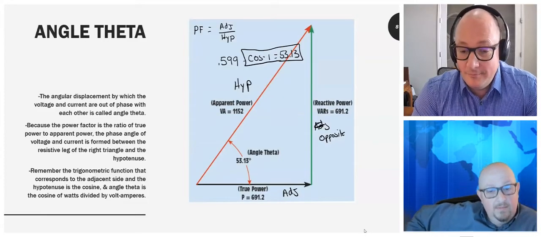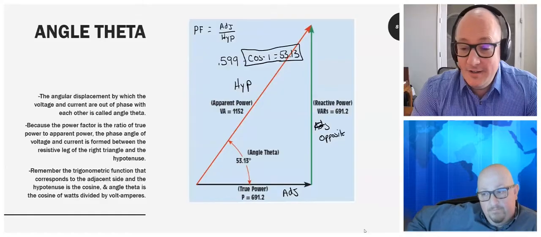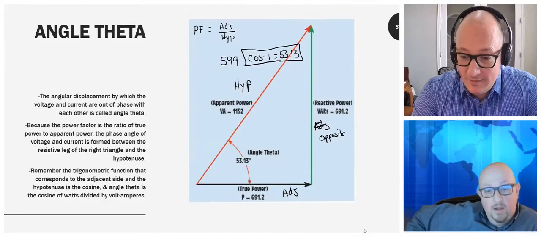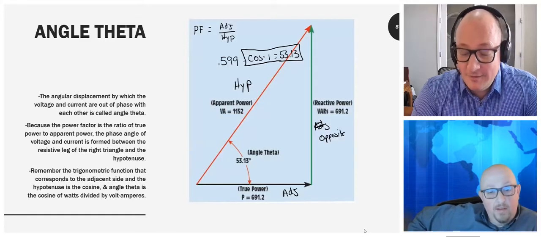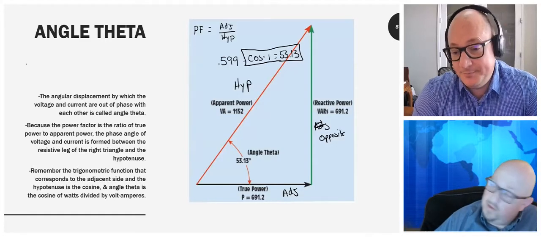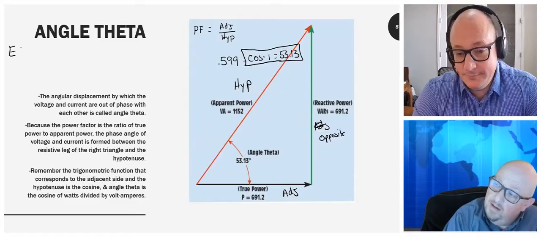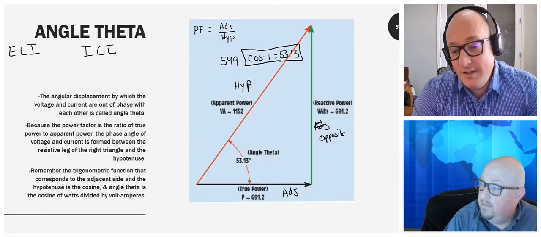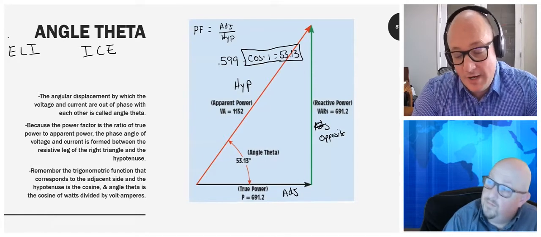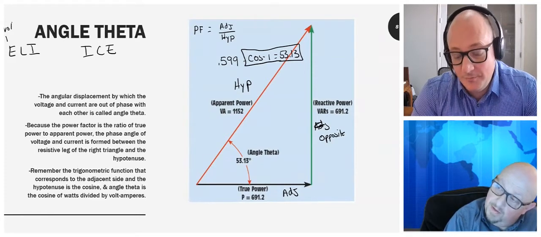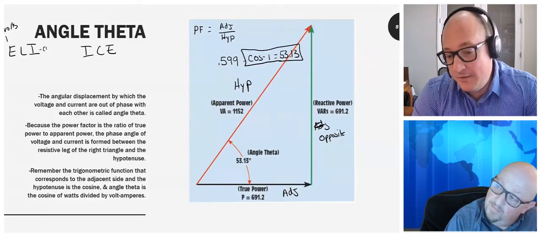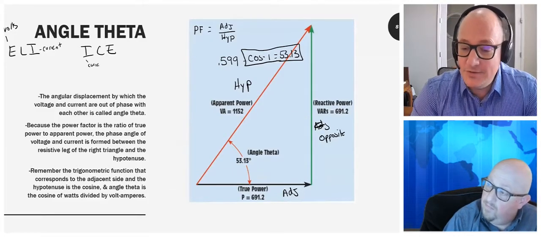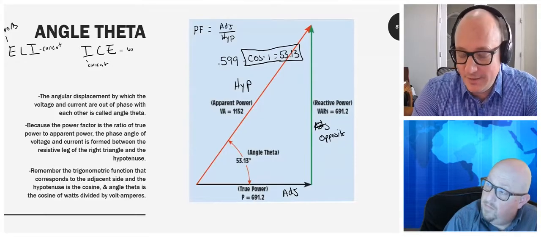Yeah, I could do that because inductive components and capacitive components are totally opposite of one another. Eli the Iceman: if my voltage was leading the current by 53 degrees, I may be able to add a capacitive bank here and reduce the amount of inductance.